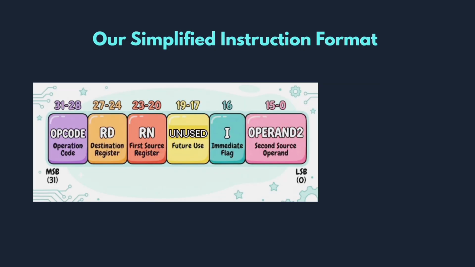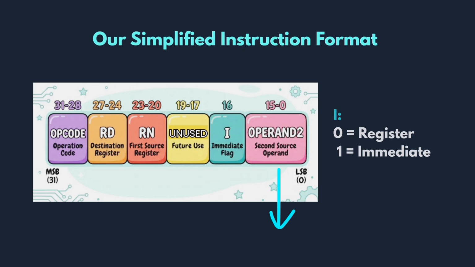Here, we are considering our opcode to have three options, that is add, subtract and move. RD represents the destination register, RN the source register. I can have two values, 0 or 1, and the operand here is nothing but the immediate value or register number. Let's just run the actual code and understand the working of the decoder.